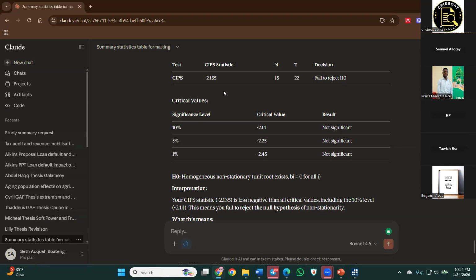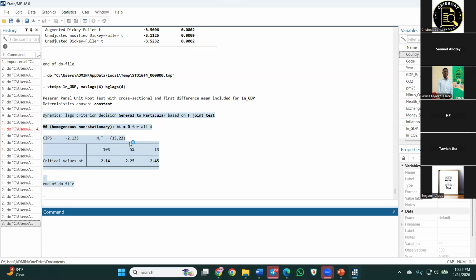If you take the absolute values, the SIPS statistic 2.13 is less than 2.25. If it is less than the critical value, it means it's not significant. And we learned from our previous session that if it is not significant, we fail to reject the null hypothesis. If it is significant, we reject the null hypothesis.